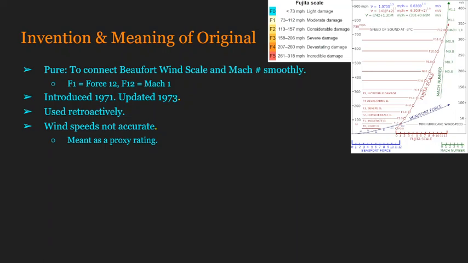I don't know what it's supposed to mean, I don't know if it really means anything, but it is a thing. The Fujita scale was, of course, used retroactively to rate tornadoes from 1972 backwards, or 1971 backwards. And these tornadoes that have been rated, let's say F4, F5, are not rated EF4 or EF5 today.